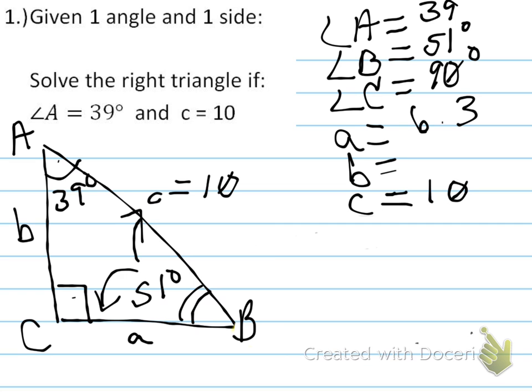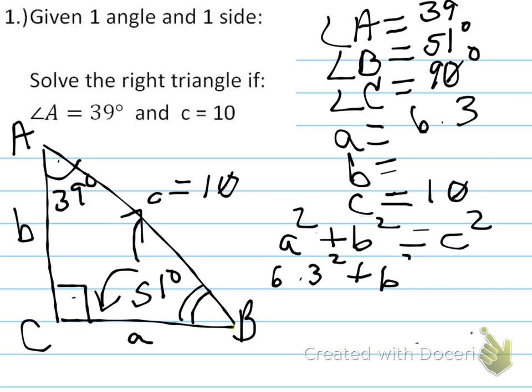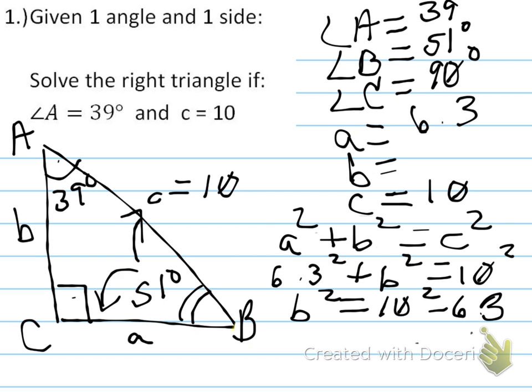In order to find that last side, we're just going to use the Pythagorean Theorem. A squared plus B squared equals C squared. So in this case, we're going to do 6.3 squared plus B squared equals 10 squared. If I subtract 6.3 squared from both sides, I would get B squared equals 10 squared minus 6.3 squared.